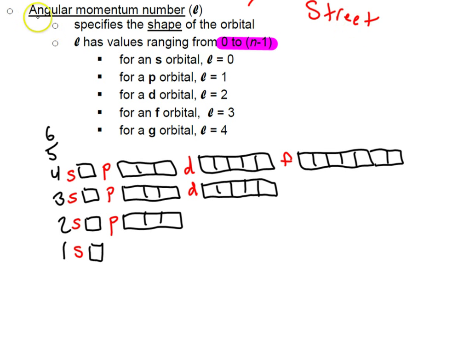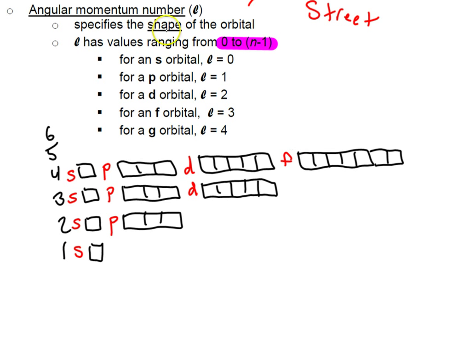Now, we call this the angular momentum number, which has a lowercase cursive l representing it. We use a cursive L because it's easier to tell apart from a 1. Now, the angular momentum number, or the L number, is referring to what type of orbital. So, for example, whether it's an s orbital, a p orbital, a d orbital, or an f orbital.